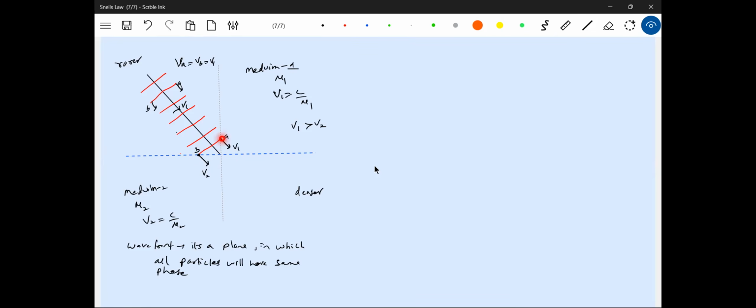In a given interval of time, since V2 is less than V1, the point B of the wavefront will cover less distance than the point A. In a given interval of time, A will traverse more path than B.